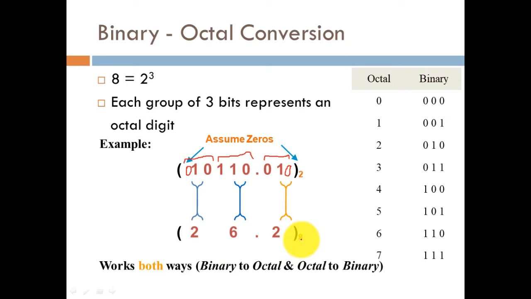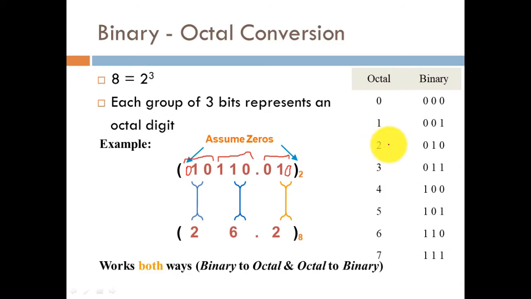Here on the right side we have a table that we need to understand, that is for octal. Digit 0 would be represented in binary as 000, 1 as 001, 2 as 010, 3 as 011, 4 as 100, 5 as 101, 6 as 110, and 7 as 111.